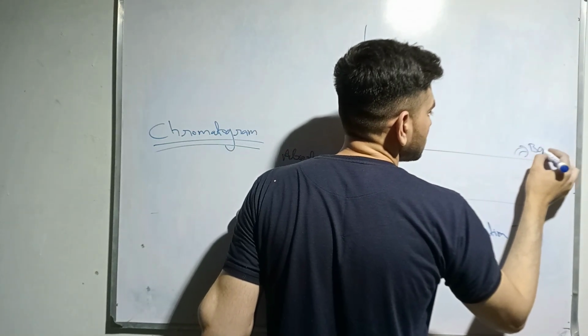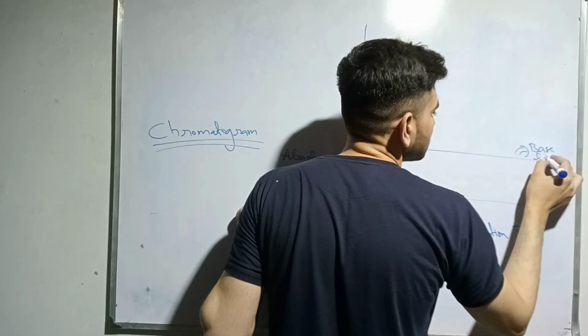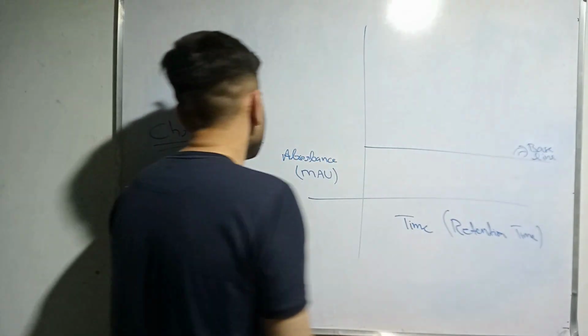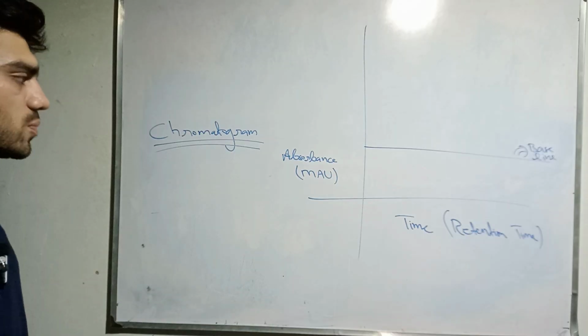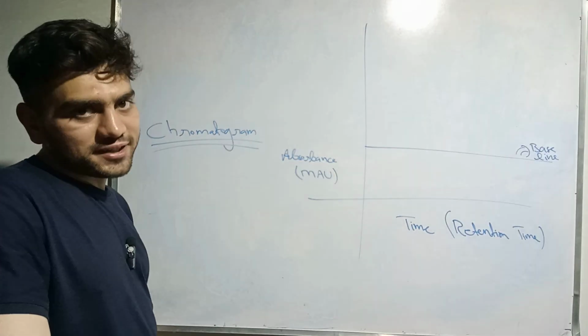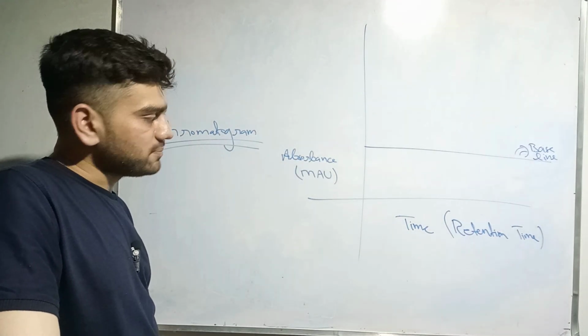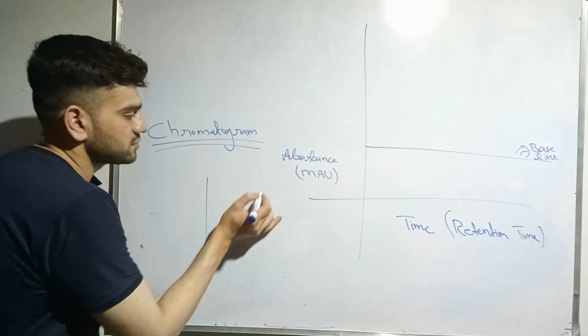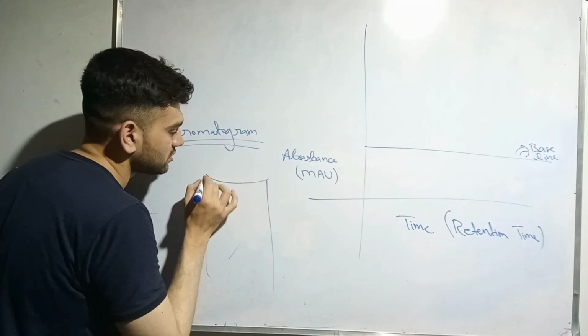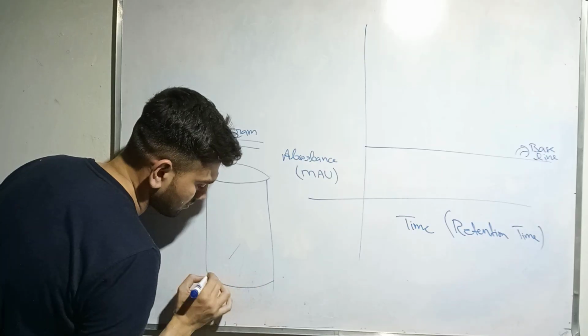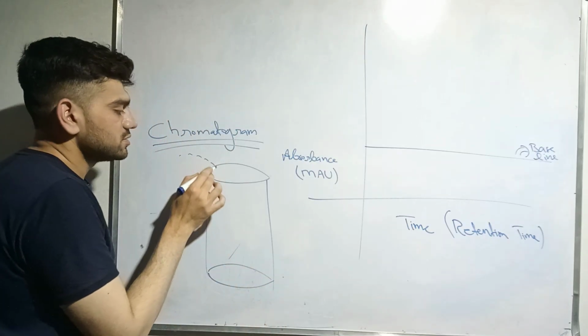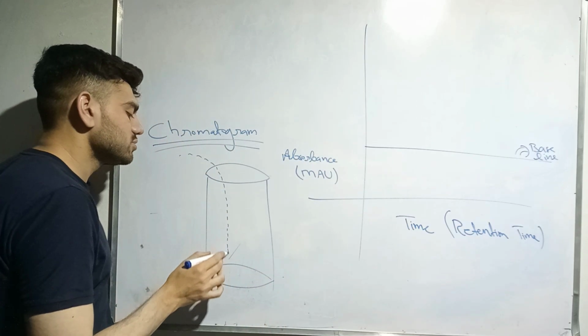This line is called baseline. As we know, each component of a sample shows different absorbance at different times. Suppose this is an HPLC column, and we pass our sample through this column.